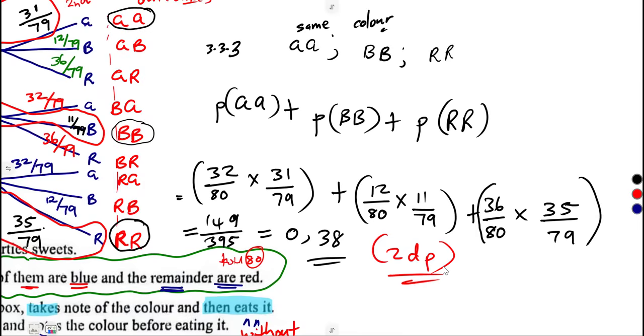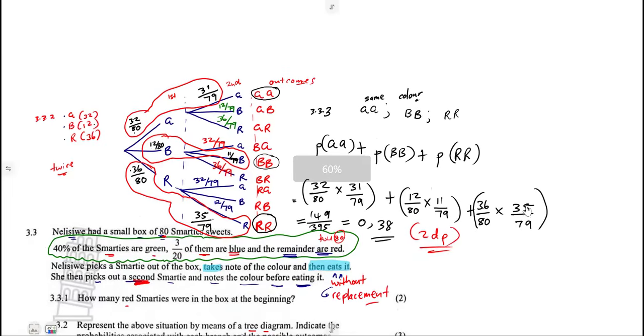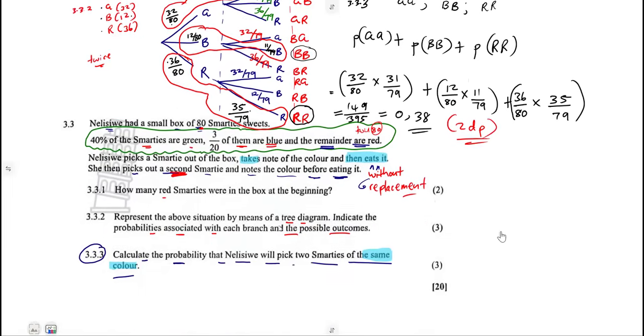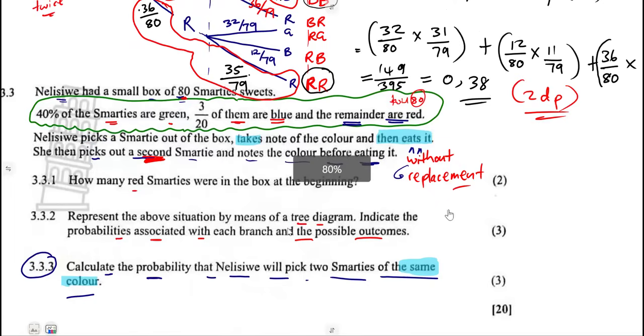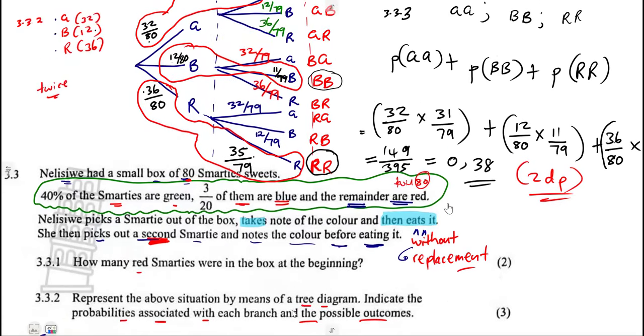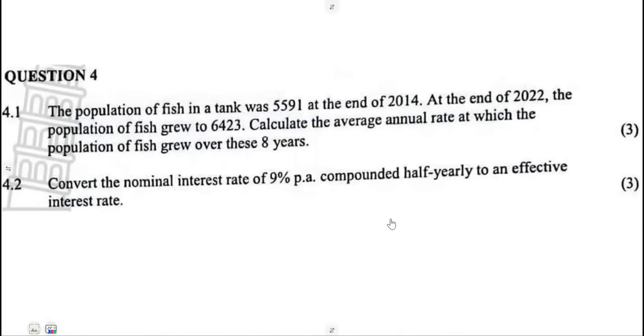Remember the instruction of the questions before, that our answers should be given to 2 decimal places. So that is how these questions can be given; you just have to figure out the type of question. As you can see, it was a lot to consider in one question, but you must be careful as you answer your questions.